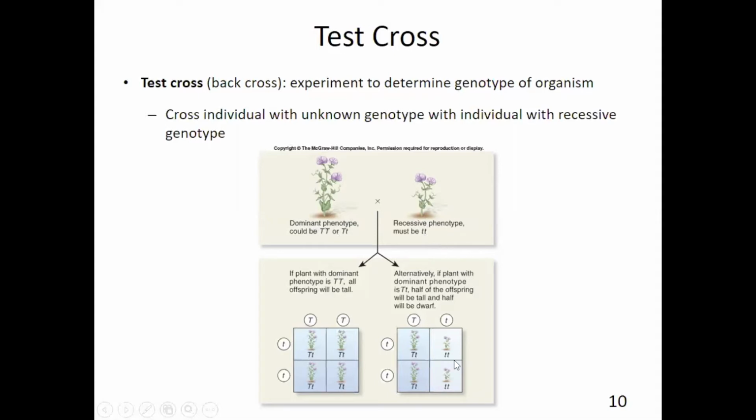On the bottom of this slide, we see the 2 Punnett squares. On the left is the Punnett square that represents if the dominant parent plant was homozygous dominant, and we know the other parent plant is homozygous recessive. The result is that the offspring would all be heterozygotes and would all have the dominant phenotype.